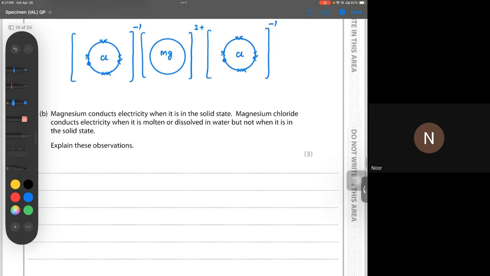Explain these observations. I would be writing that magnesium, that is Mg, is a metal as it has free delocalized electrons.